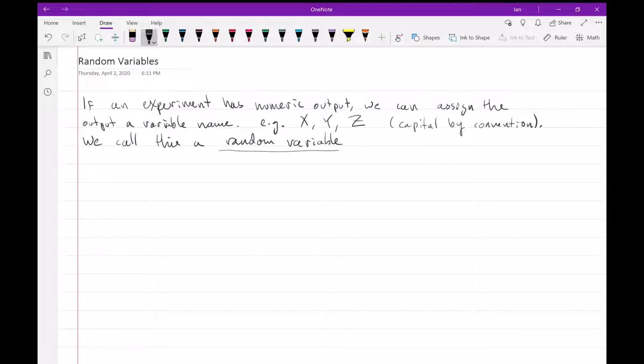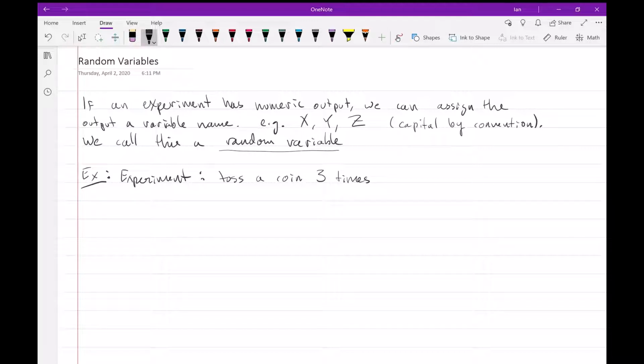So let's look at an example. An experiment could be that we toss a coin 3 times. And now we have to get some number as the thing we observe. That'll be the output of this experiment.